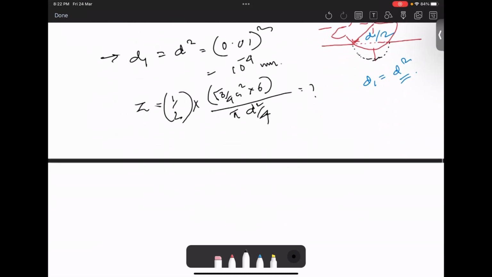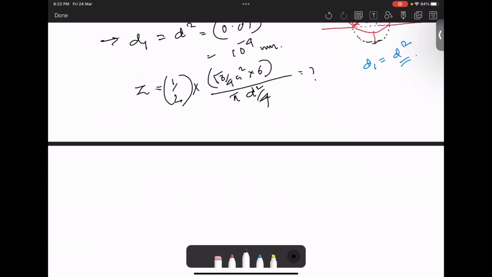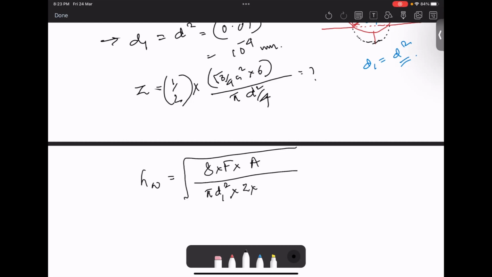Now you plug in the value of Z to get the depth of your indentation, which is HW. You know the formulation for HW: it is proportional to the force of the tool on the grains, the amplitude of the tool, and inversely proportional to the square of grain dia, then Z, the number of grains making impact, and the hardness of the workpiece multiplied by lambda plus 1.